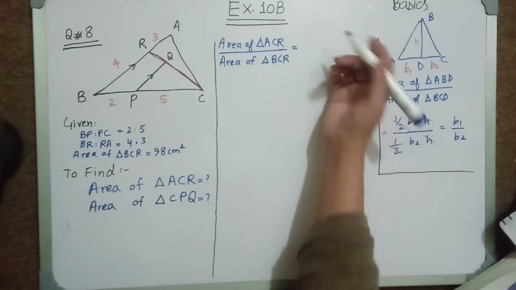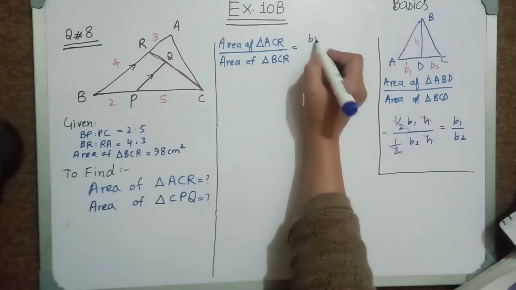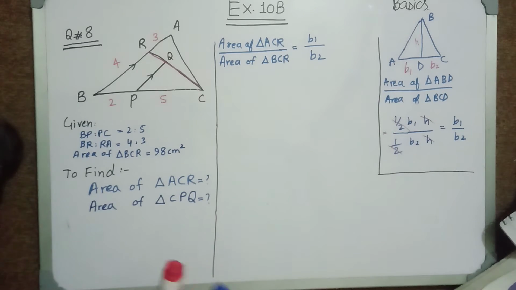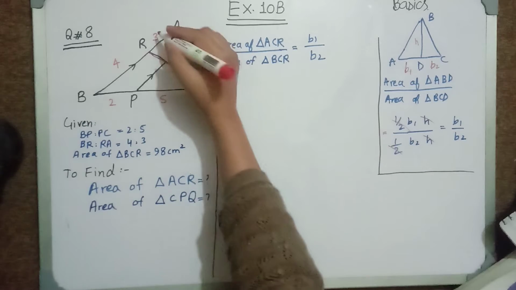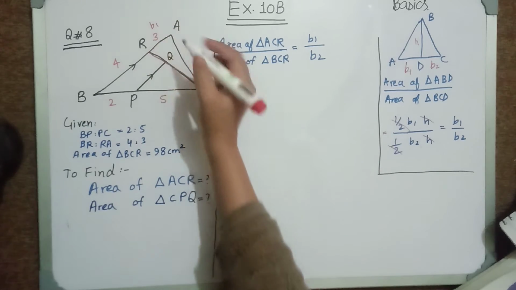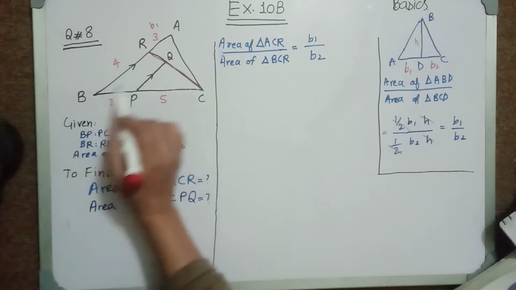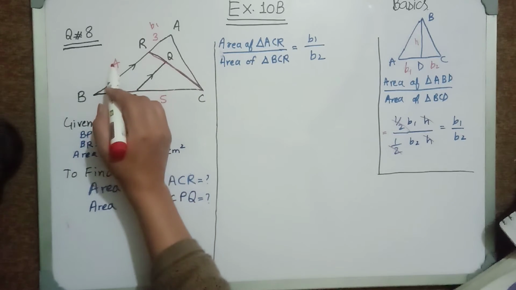Ratio of their bases, which is equal to the ratio of their bases B1 over B2. ACR's ratio is this 3, so I write it as B1, this one, and the ratio of triangle BCR is equal to 4.